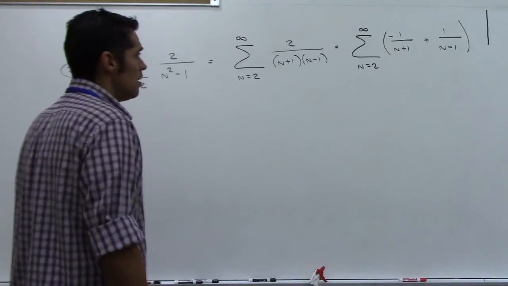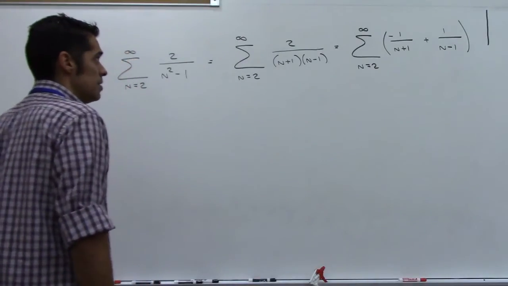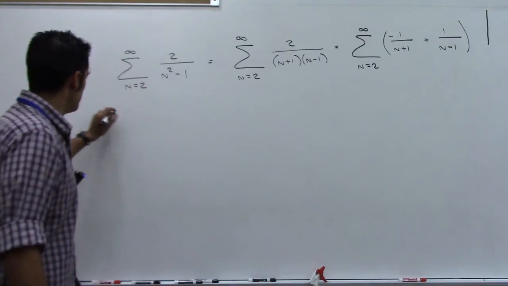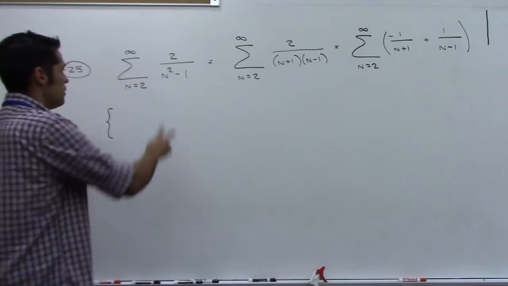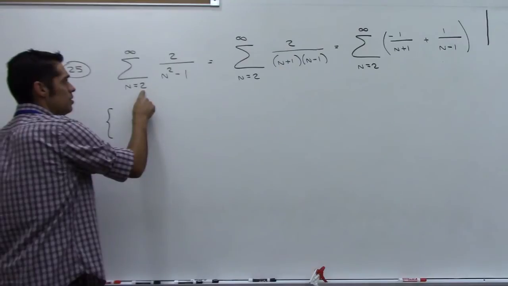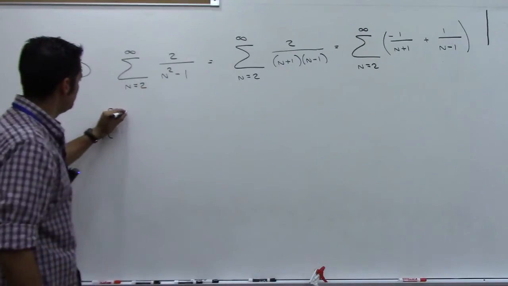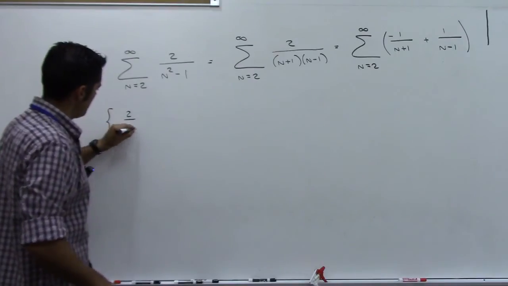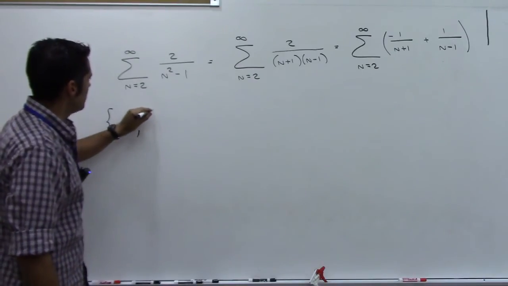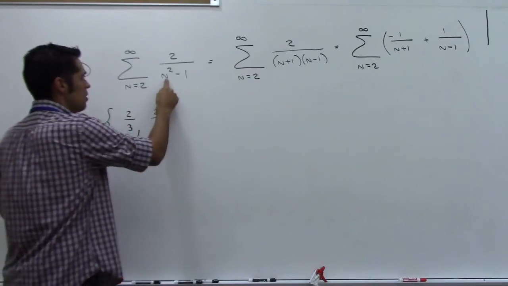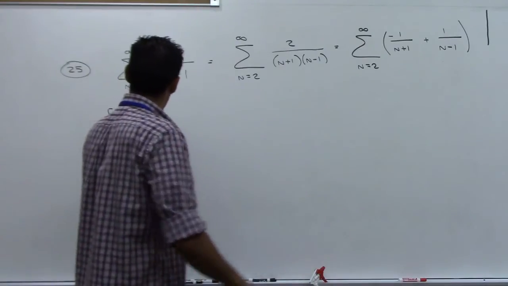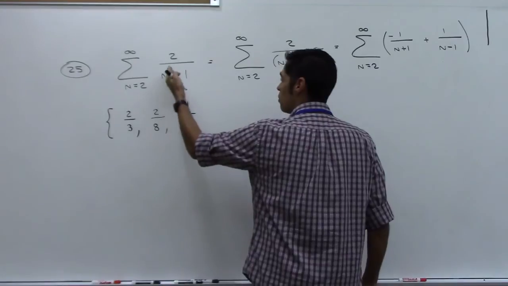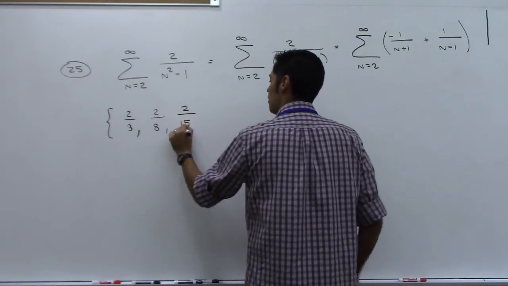All right, so let me try and write out the first few terms of the sequence. Since this is my first one, I'm going to write out the first few terms using this first. If I let n be 2, I get 2 over 2 squared, which is 4, minus 1 is 3. If I let n be 3, I get 2 over 3 squared, which is 9, minus 1 is 8. And then the next one, n is 4, so 2 over 4 squared, 16 minus 1 is 15.